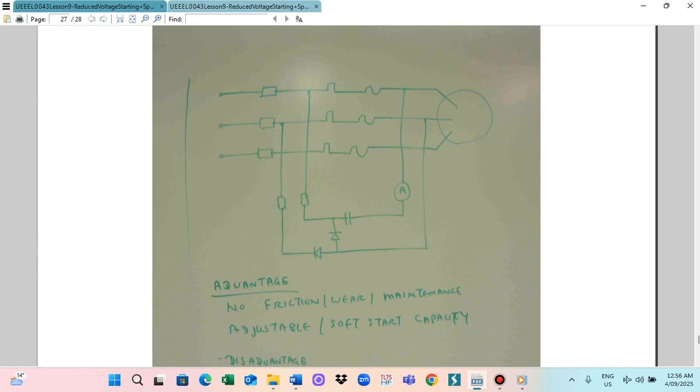As soon as you press the controller, the forward direction, normally the brake holds the shaft, so the motor cannot rotate. As soon as you press the forward direction, this magnet is energized, so the brake will release.